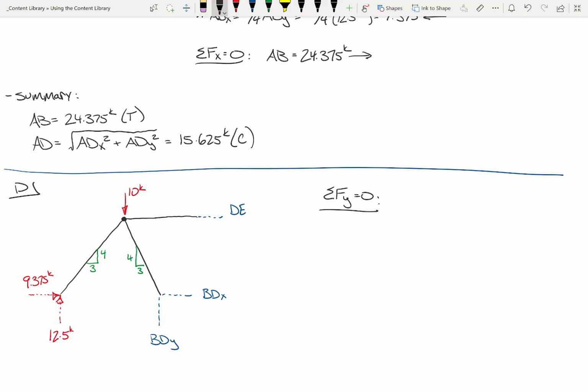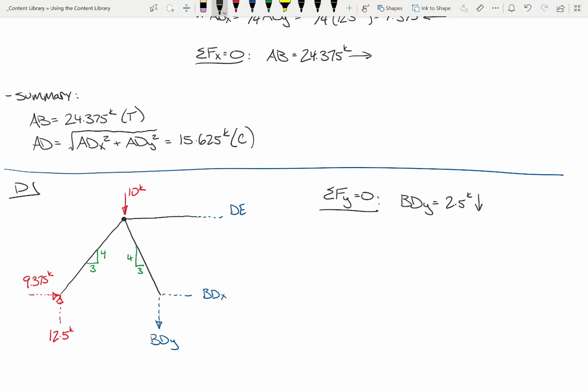And by the way, if you need to draw a table to actually sum this out, go for it. No problem. We are going to have some joints where that might actually not be a bad idea. So far, so good? If I have one component, how do I get the other component? How did we do it the last time?